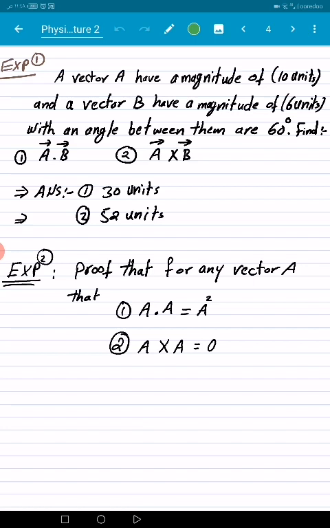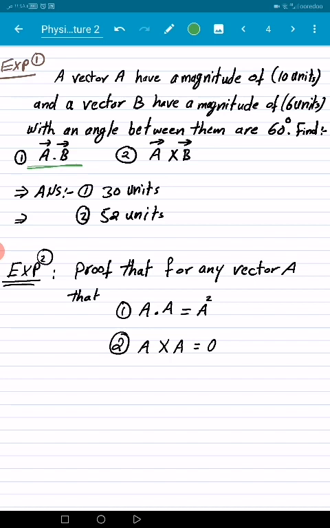Example 1. A vector A has a magnitude of 10 units and vector B has a magnitude of 6 units, with an angle between them of 60 degrees. Find A dot B and A cross B. How can you find it?